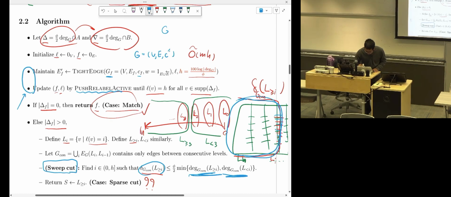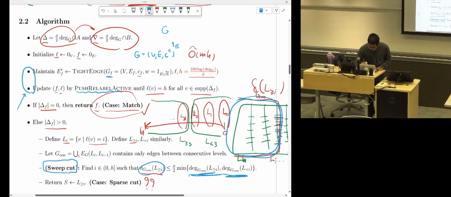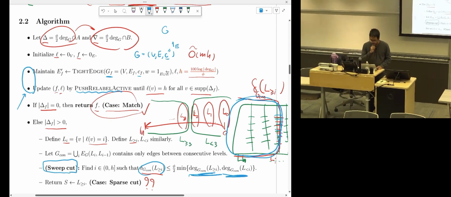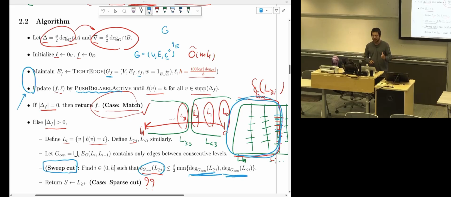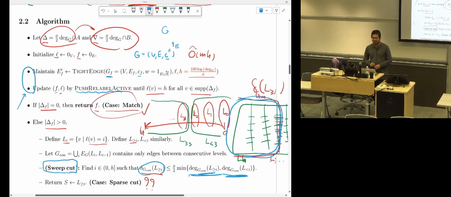As it is right now, it's not too clear that you can just use basic push relabel. And the reason is that the source and sink here is not integral.